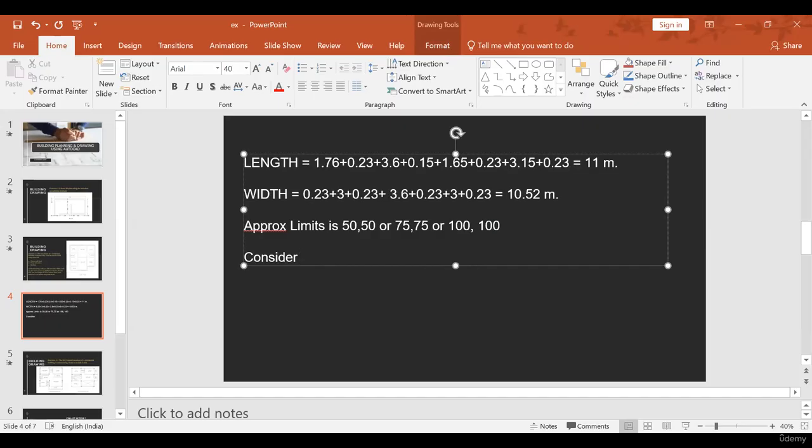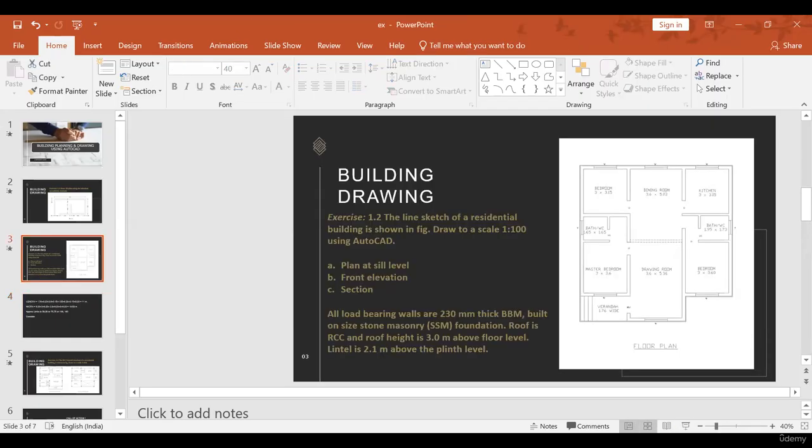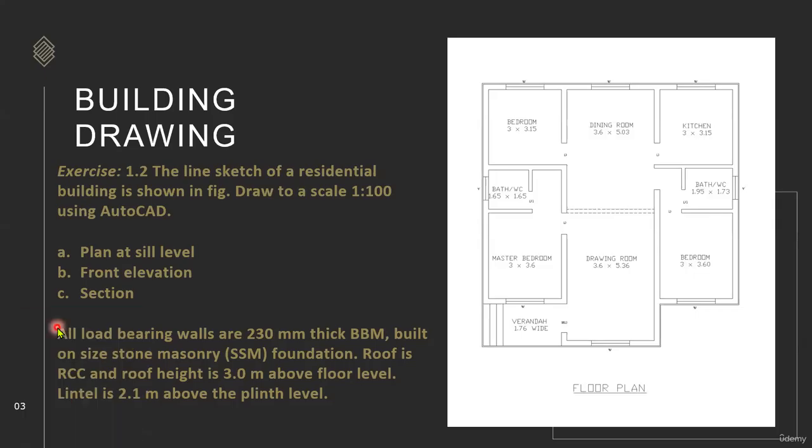But I just consider here, you just see here. In the doors, one is MD, that is one type of door. Another one is D, another type of door, another is D1. So 3 types of doors are there.